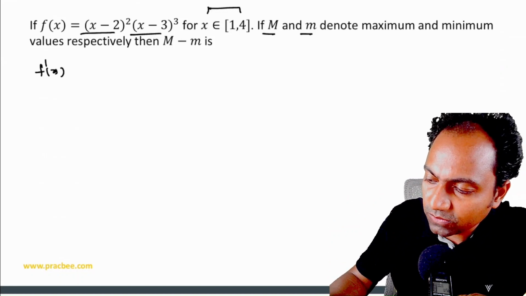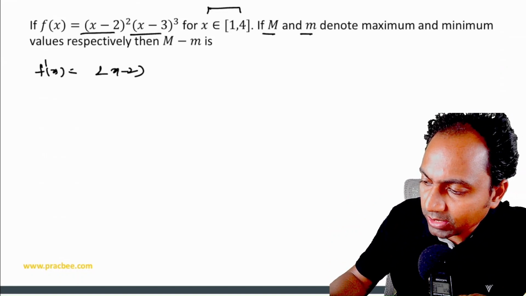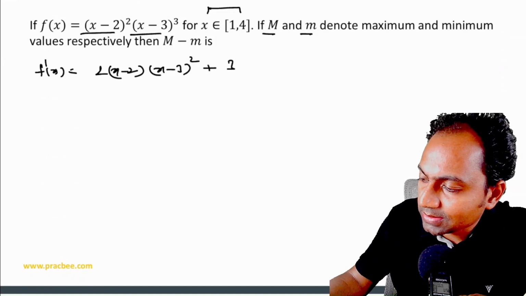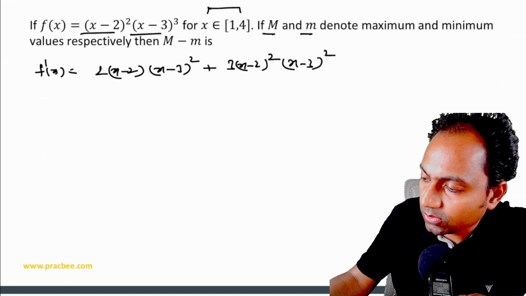We will find f dash of x. It comes out to be 2 times x minus 2 into x minus 3 whole cube plus 3 times x minus 2 whole square into x minus 3 whole square.